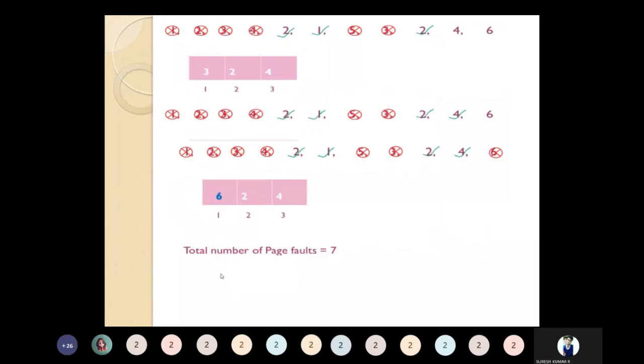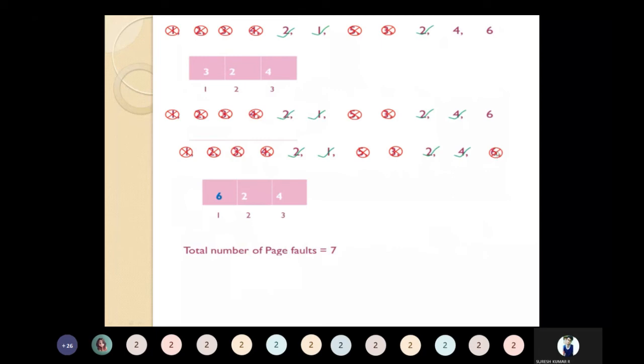Okay. So next one. 2 has to be filled, but 2 is already present. That's why I marked it in a green column. Next 4 has to come. So 4 is also present here. Okay, next page 6 will come here.